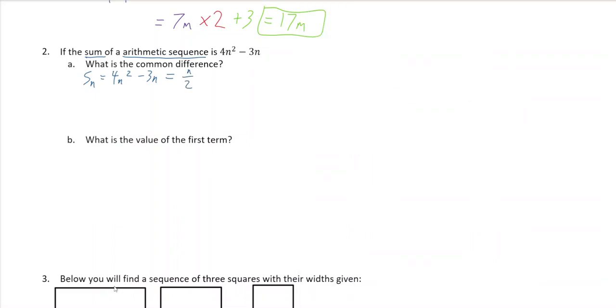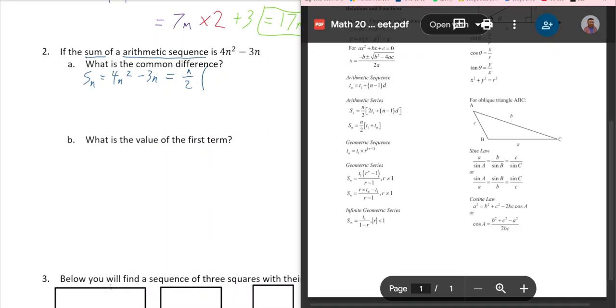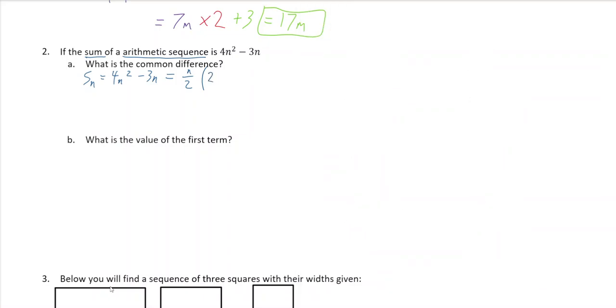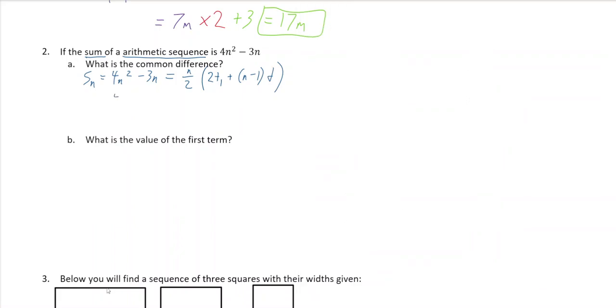n over 2. And then we're going to do 2t1 plus (n minus 1)d, and then all in brackets there. Okay, so this is now our formula. So we're going to just slowly solve this as far as we can.